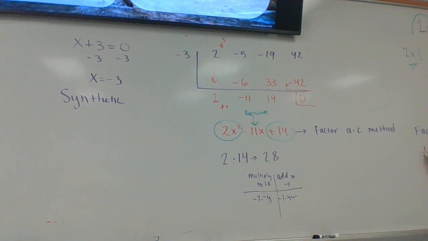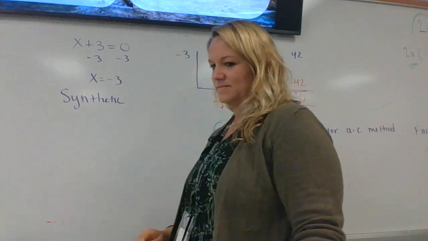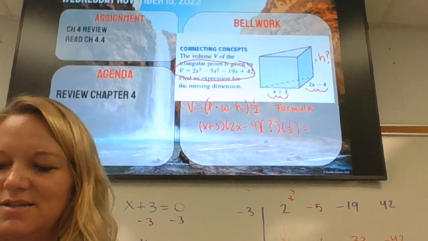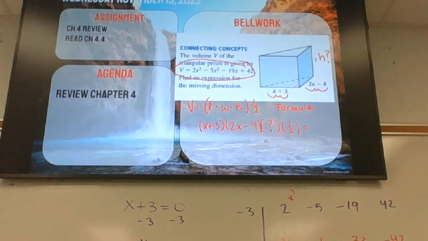If we put a 1 half in here, no, it's the volume. Where's the 1 half? It's in there. So this is the answer. The answer is 2x minus 7.